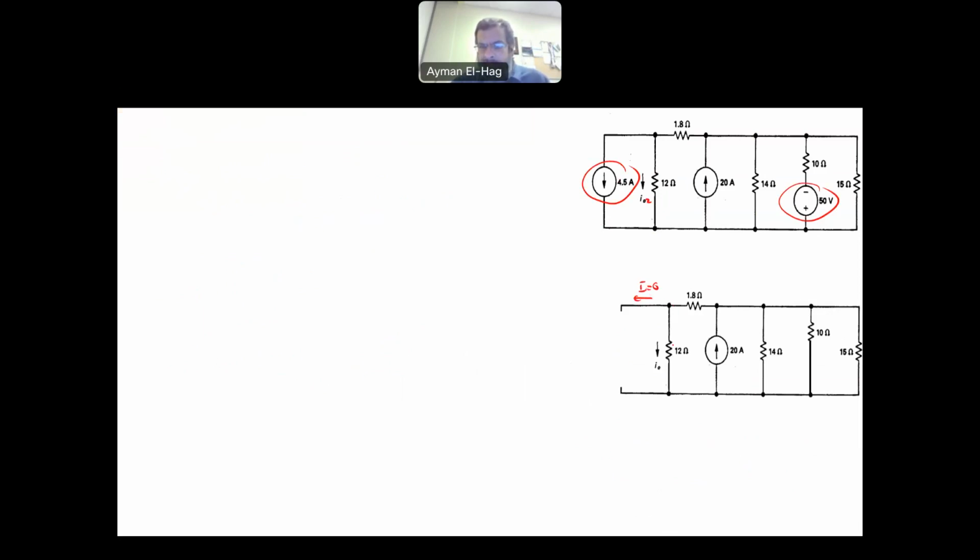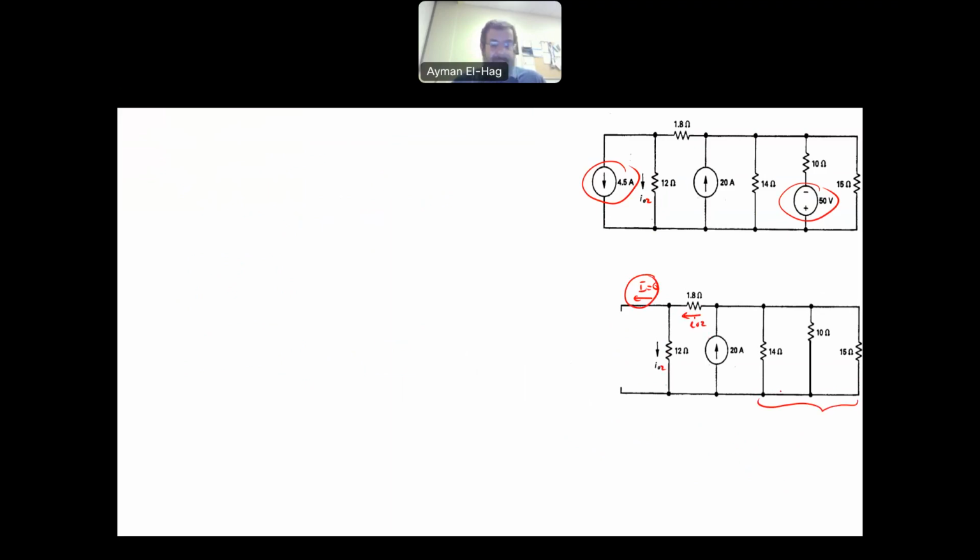So the current here is I02, and this is I02 as well, because the current will be going in that direction, and here there will be no current. Again, I will add these three resistors in parallel.